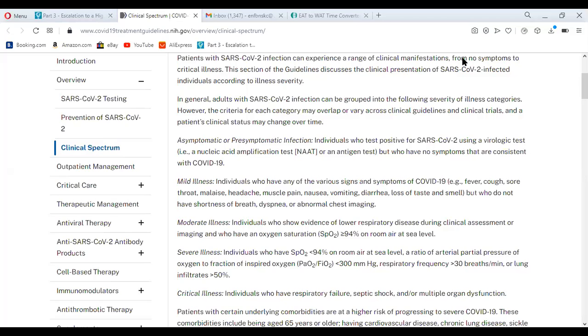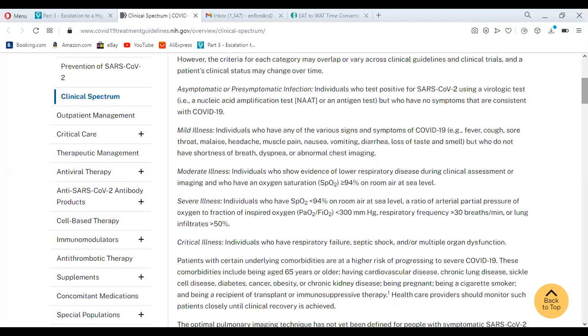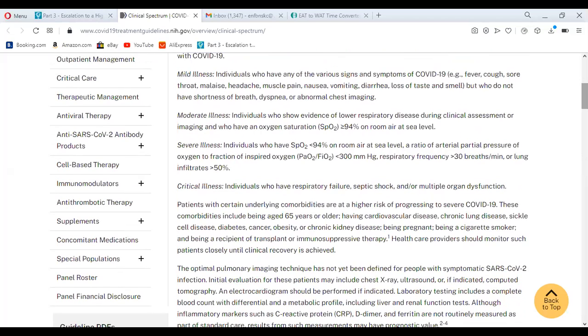Then the moderate illness group will have all the above, and then their oxygen saturation will be about 94% on room air. Then the severe illness will be individuals with saturation less than 94% on room air at sea level. Remember, we say at sea level.